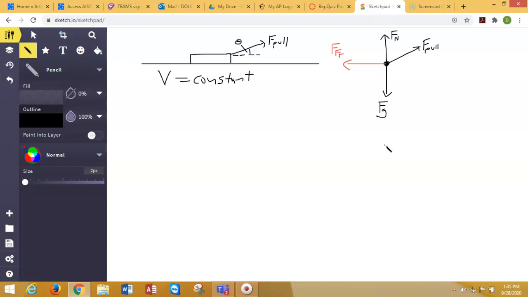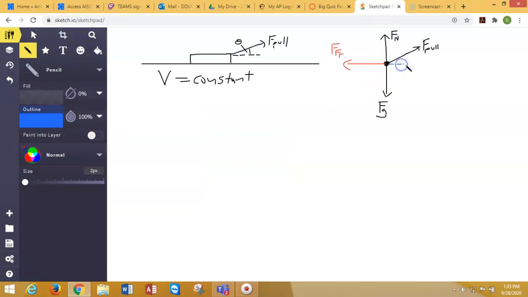Now, if I asked you to solve a problem, for instance, find F pull, there's some angle here. There's some little angle theta. So what I would have to do is, hopefully you can see that there would be a little right triangle right here that I could create, and I could do some trig. I like to color code things.